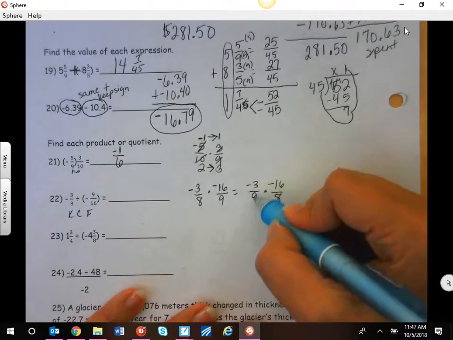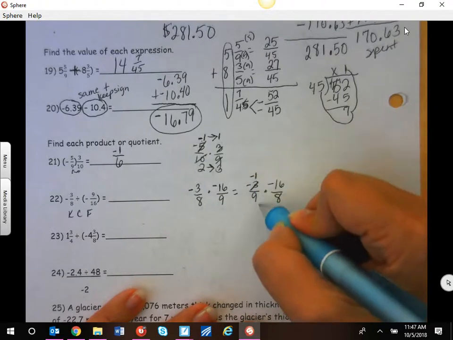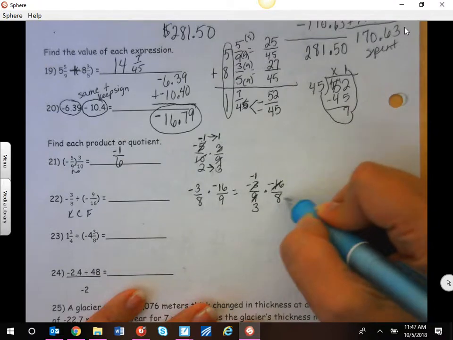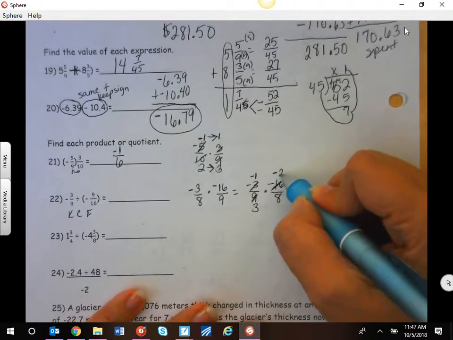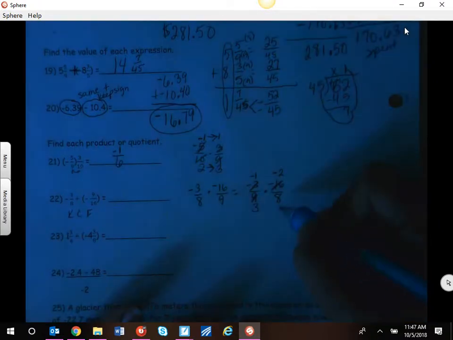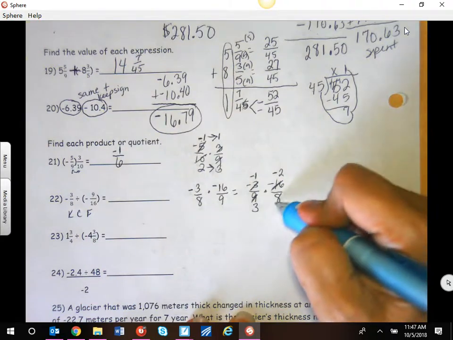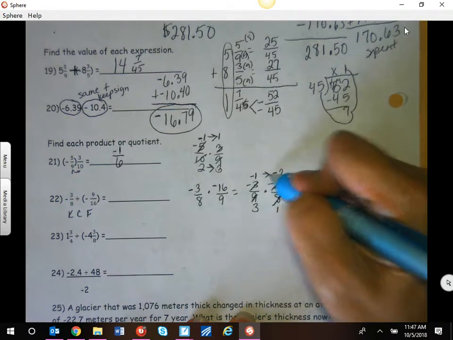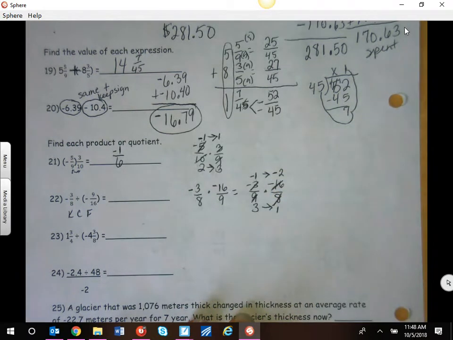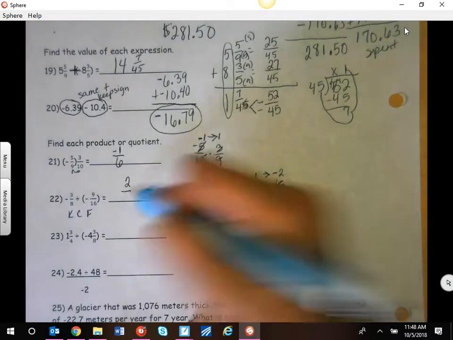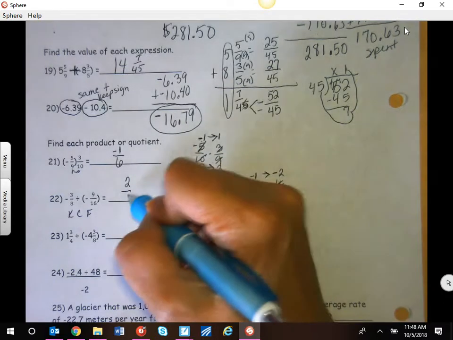So 3 over 9, 3 goes into both of those, so negative 1 and 3. 8 goes into both of these, don't forget the sign. 8 goes into 16 twice. Sorry, my lights just went off. There we go. 8 goes into 8 once. So now I have top times top, bottom times bottom. A negative times a negative is a positive. 3 times 1 is 3.